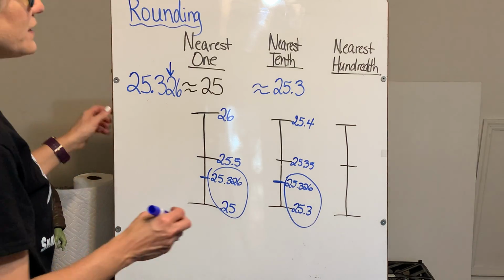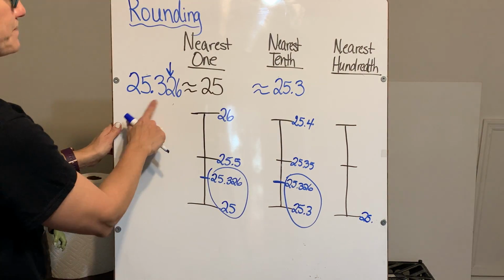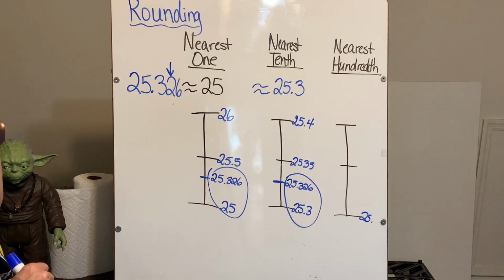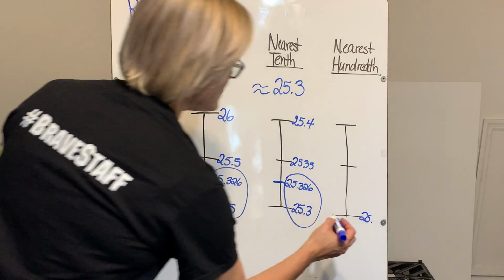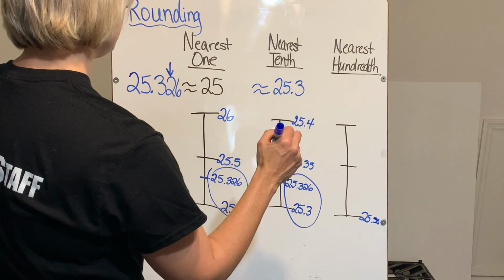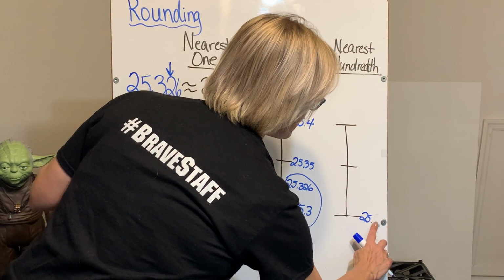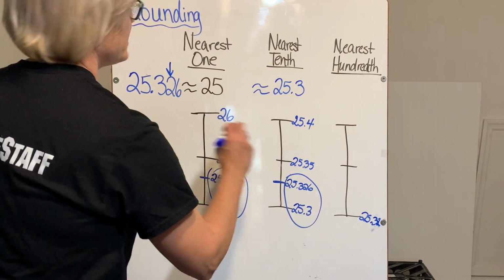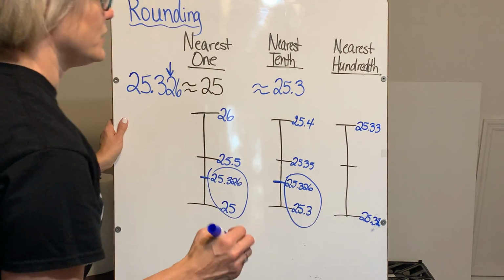Now we've got to figure out how we're going to write this: 25 and it's going to be in between the 32 and the 25 and 33 hundredths.